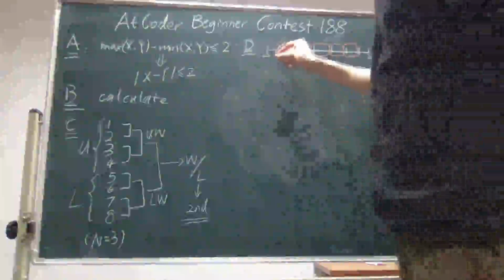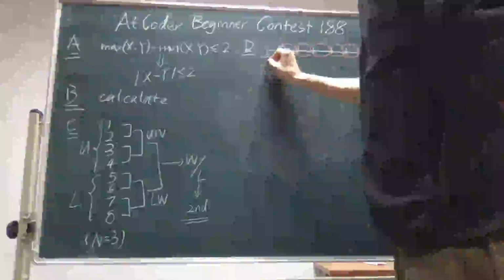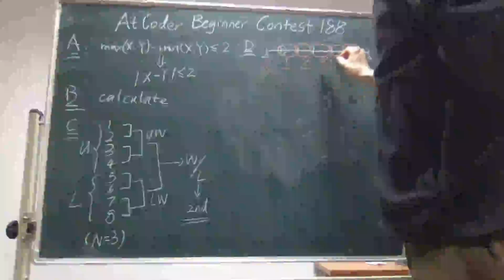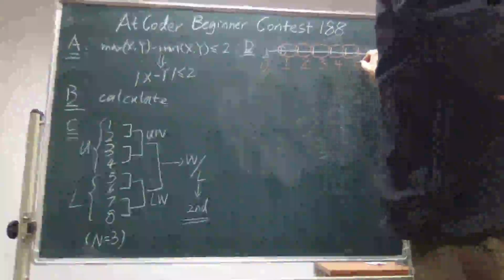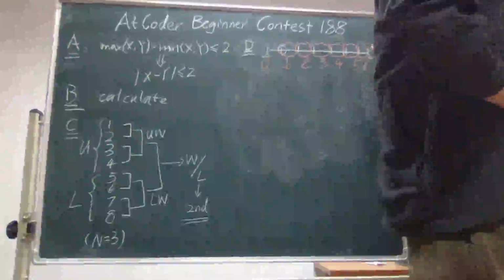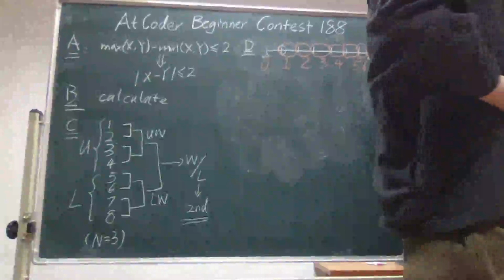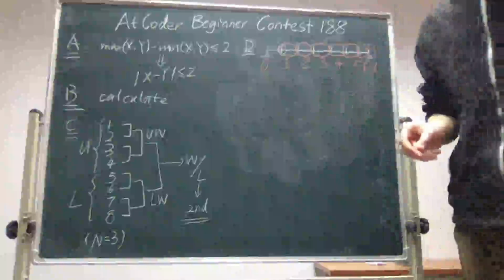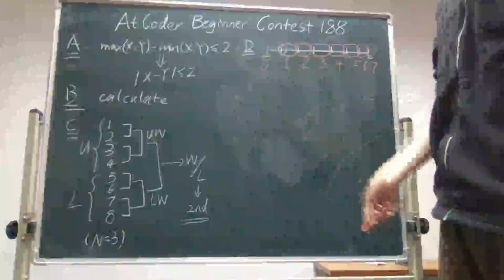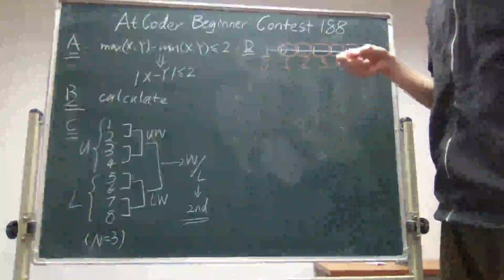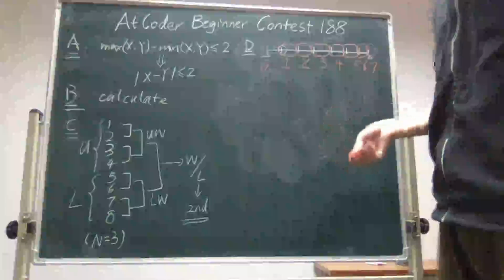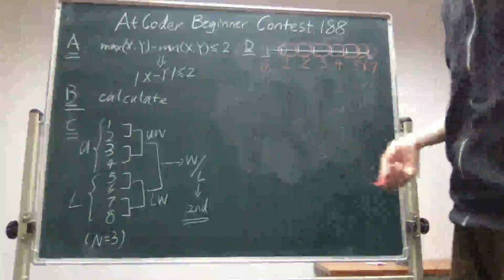So we will use 0, 1, 2, 3, 4, 5, 6, 7. Then for each part, we need to find out whether we should pay for the services separately, or we should buy a subscription.